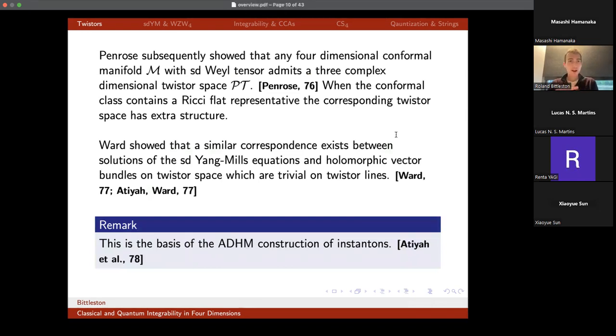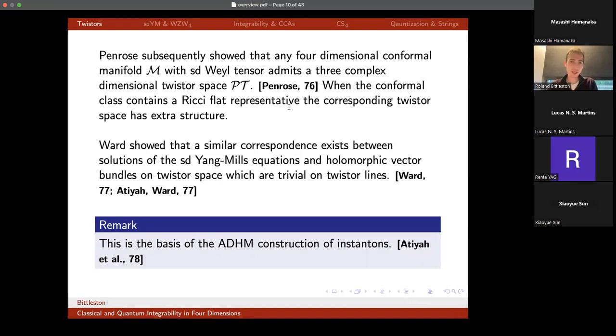So the real power of twistor theory is that this doesn't just apply to flat space. This construction applies to any four-dimensional conformal manifold whose Weyl tensor is self-dual.